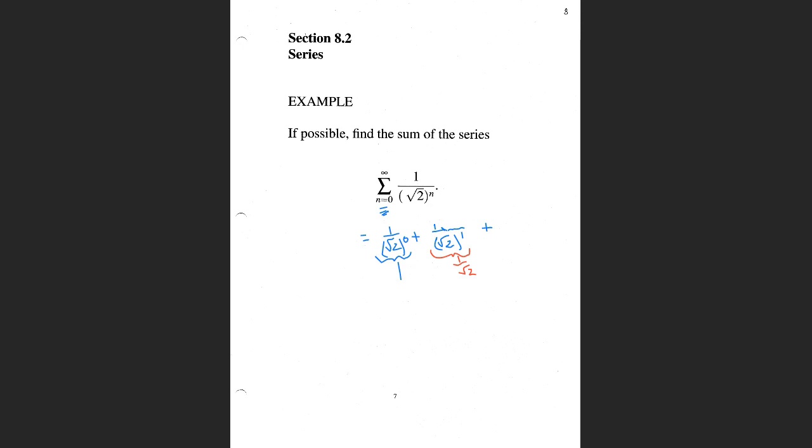What's the third term of the series going to equal? 1/2. Very good, Sophie. Because this is 1 over square root of 2 squared, and root 2 times root 2 is 2. So that gets you 1/2.